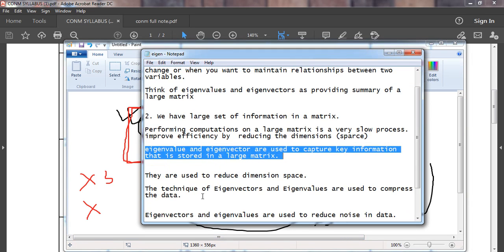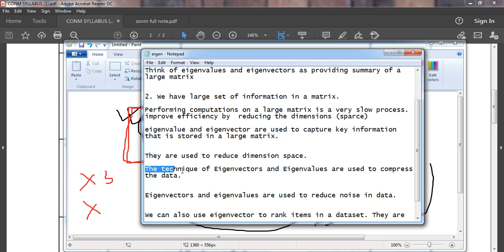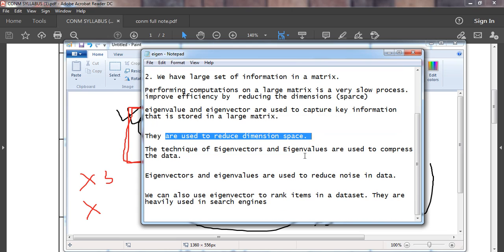So eigenvalues and eigenvectors are basically used for compression of the data. As I told you, real life data sets are very large. They will contain a large number of sparse matrices. There will be a large amount of noise. We are going to eliminate the noise, and we are going to have only the real values.